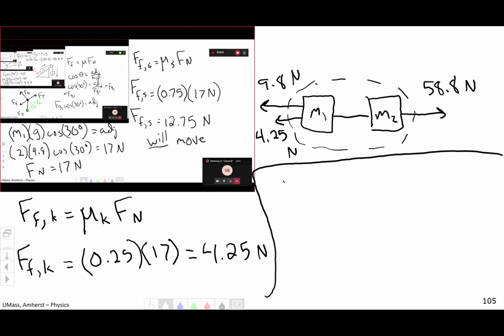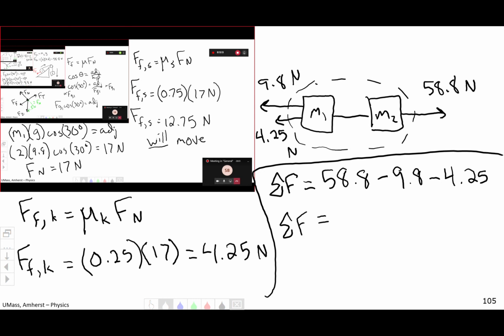So if we're going to find the net force acting on this, to the right we have 58.8 minus 9.8 minus 4.25. That's going to give us a sum of the forces of 44.75 newtons. So that means our total force acting along the direction of motion is 44.75 newtons.